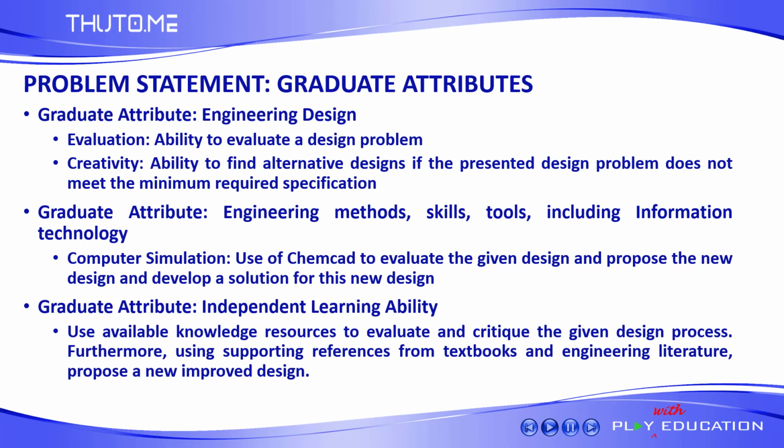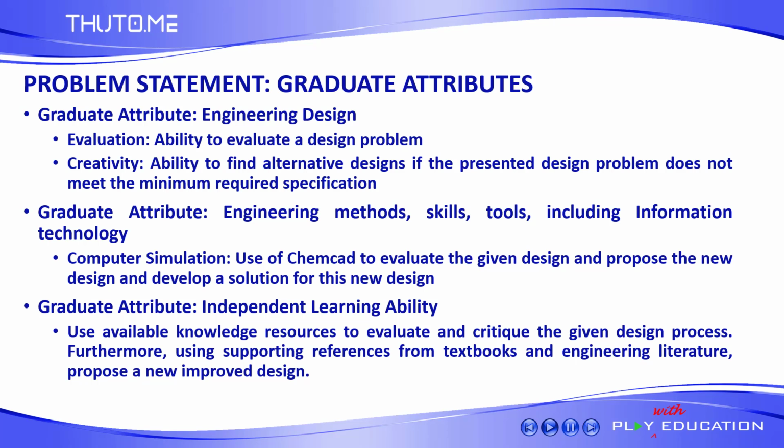Secondly, you will further demonstrate competence in graduate attribute of being able to use engineering methods, skills, tools, including information technology. This will be demonstrated by your ability to use ChemCAT computer simulation to evaluate the given design and propose the new design and develop a solution for this new design.